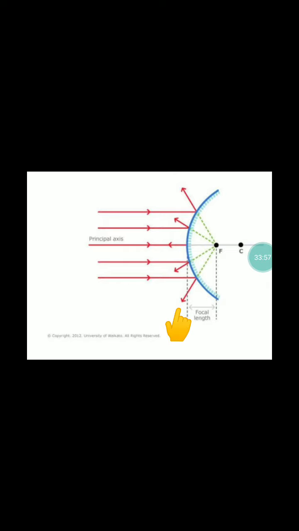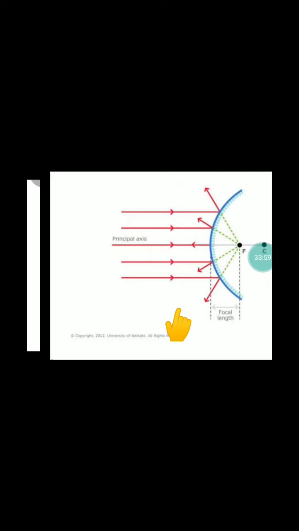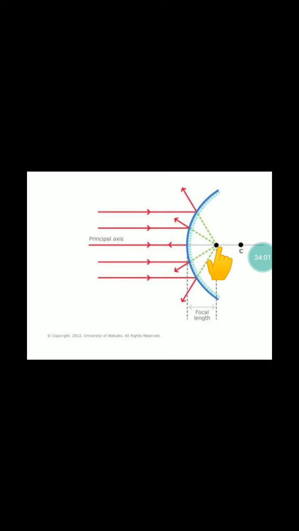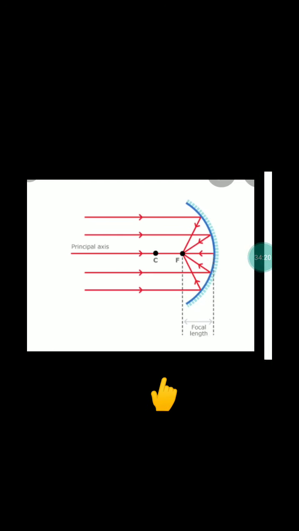Hence it is called a diverging mirror, and all the diverged rays appear to come from this point, and this point is called the focus of convex mirror. Is it clear? It always lies behind the convex mirror. And this distance between F and P is called the focal length.